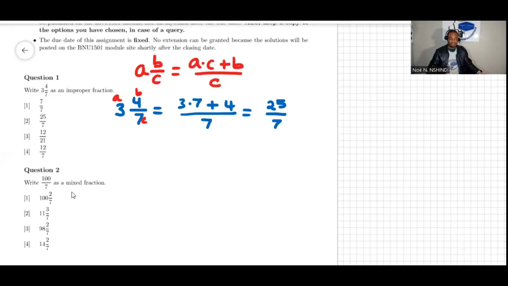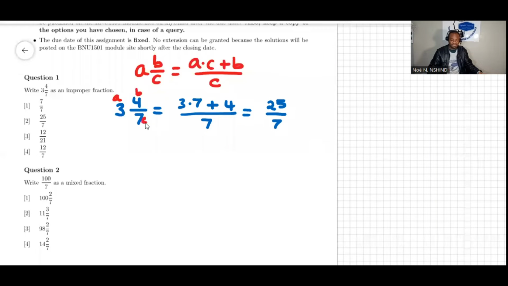Now in question 2, we have an improper fraction, and we need to convert it to a mixed number that looks like this.